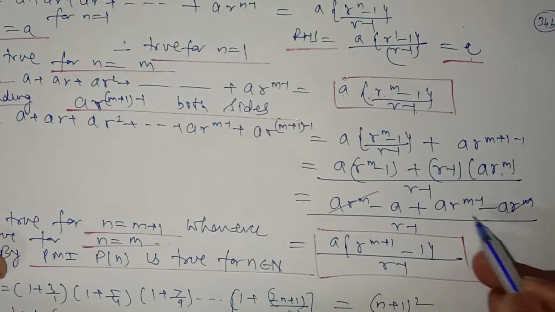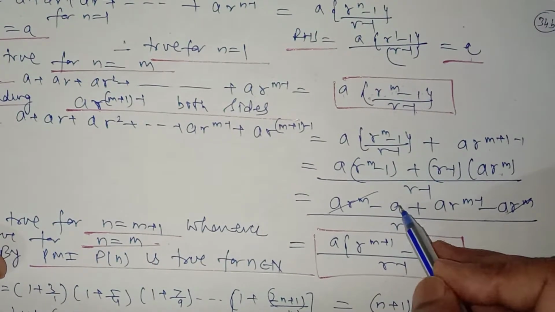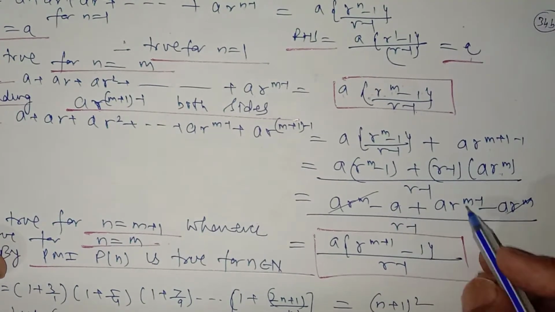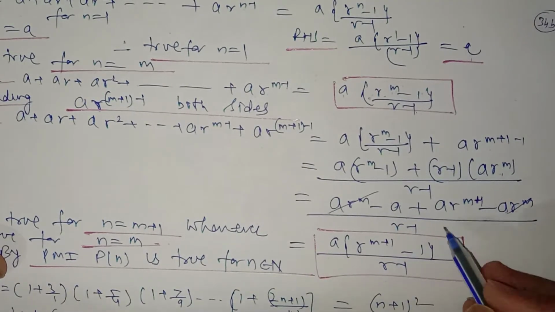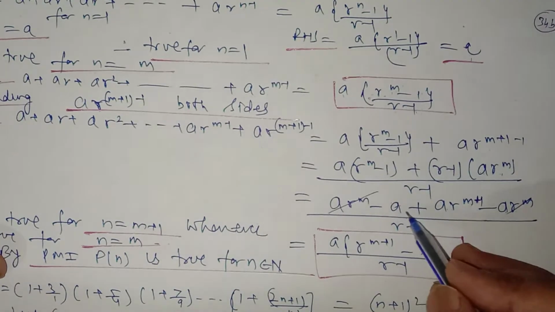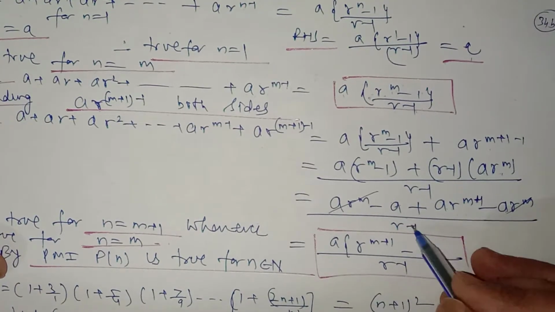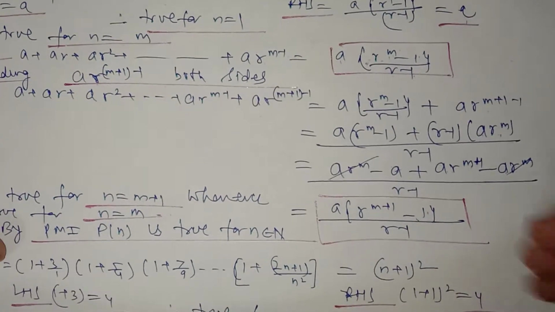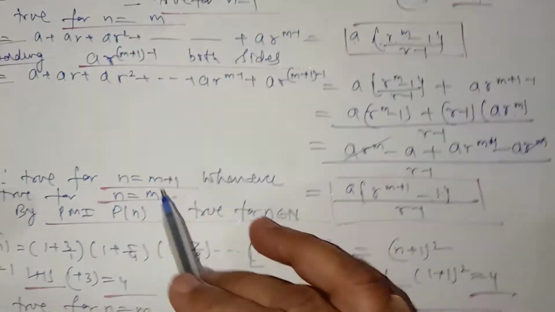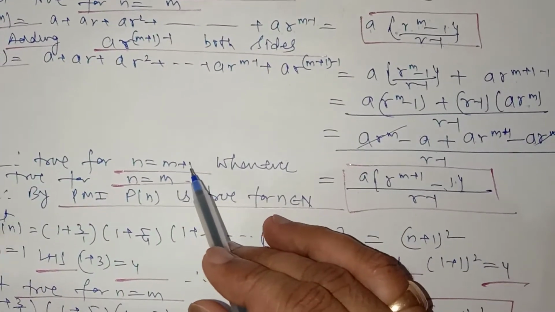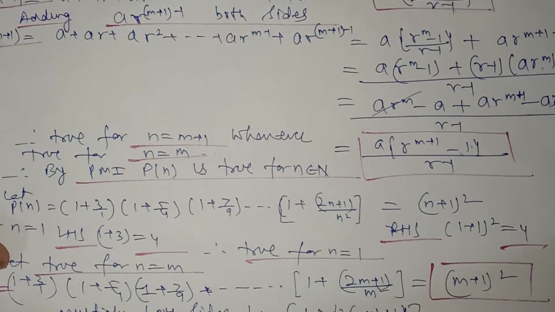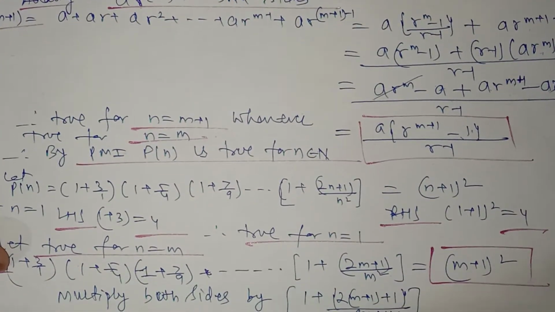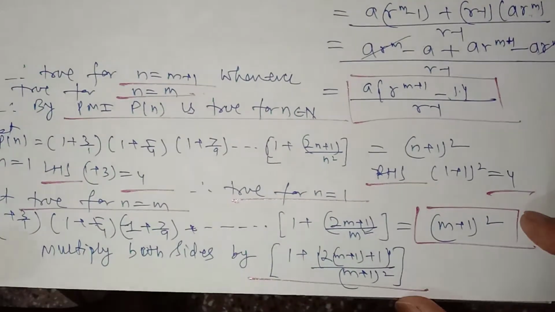This term will be cancelled out, take a common here, so a minus r raised to power m plus 1 should be here, it should be m plus 1. So taking a common, r raised to power m plus 1 minus 1 upon r minus 1, which is the next term of this. So it means it is true for n is equal to m plus 1 whenever it is true for n is equal to m. Therefore by PMI it is true for all natural numbers.